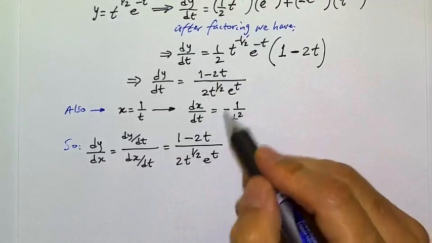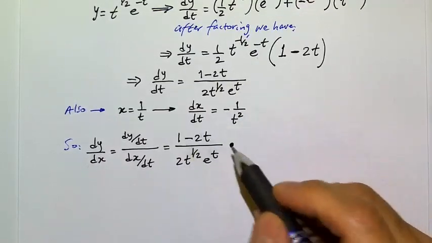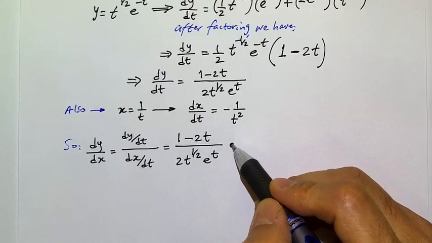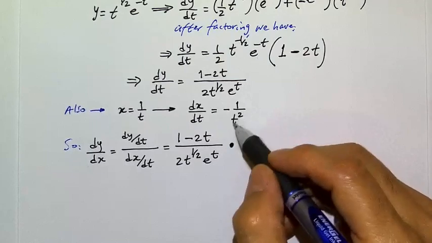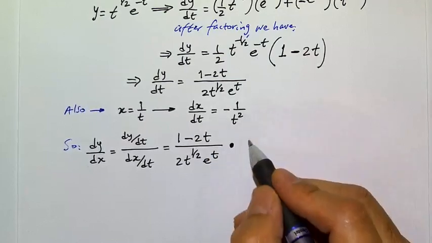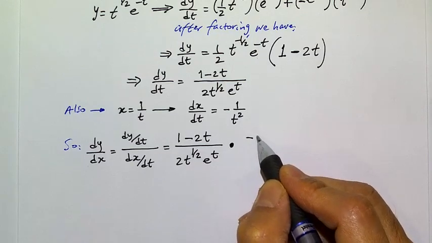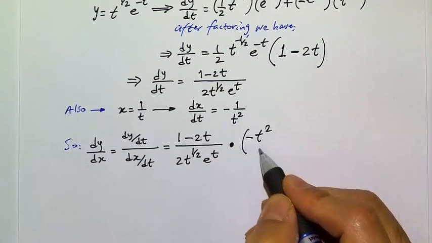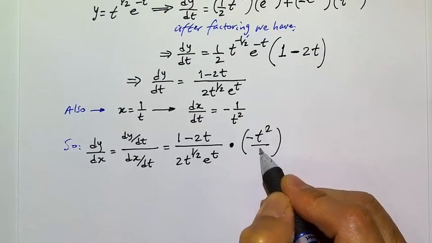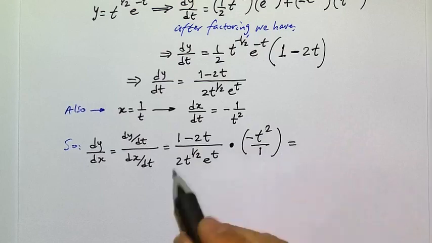We're dividing that by this, so we're going to get a complex fraction, so let's simplify it quickly. We change the division to multiplication, and then we flip this term, dx/dt. And so this will be minus t squared over 1. Okay, we can simplify this right away.